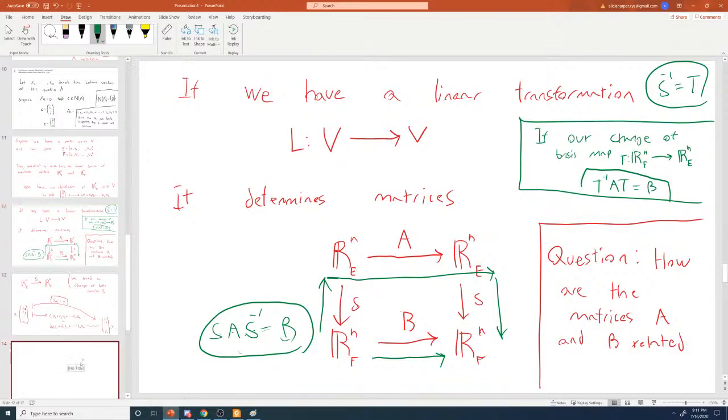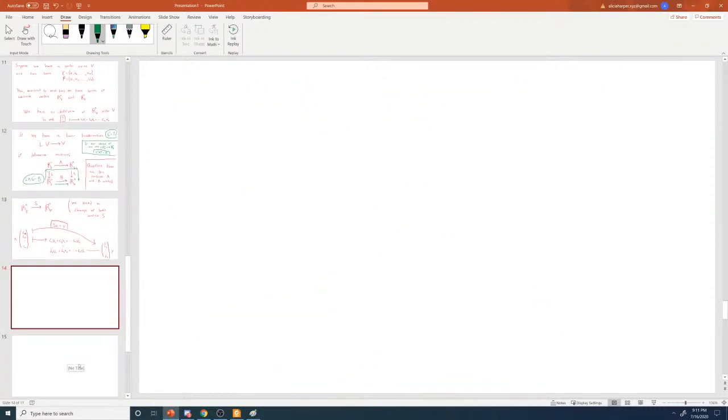Let me do a sample problem to illustrate the ideas. I'm going to look at R2 and use the standard basis. I'm going to consider the map from R2 with the standard basis to R2 with the standard basis given by the matrix [1, 2; 1, 3].